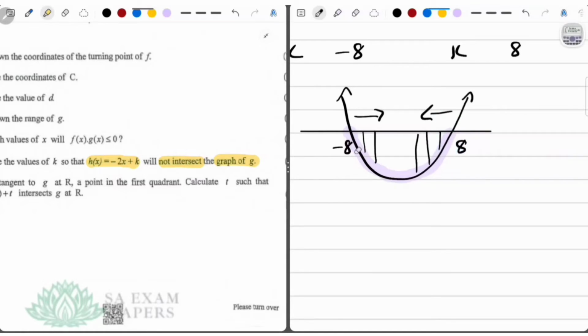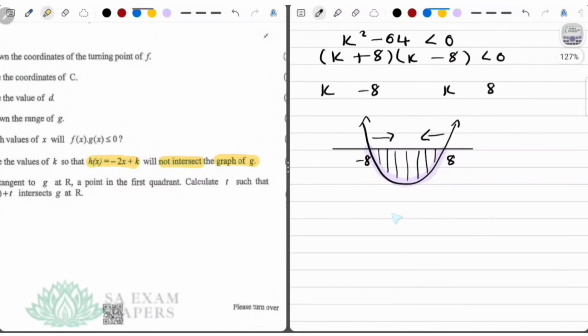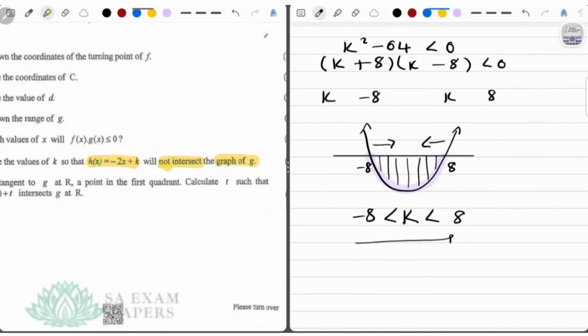That's the highlighted part's x values. And so what I'm saying is that k has to be greater than -8, but less than 8. And that would be the values of k for which h and g will not intersect.